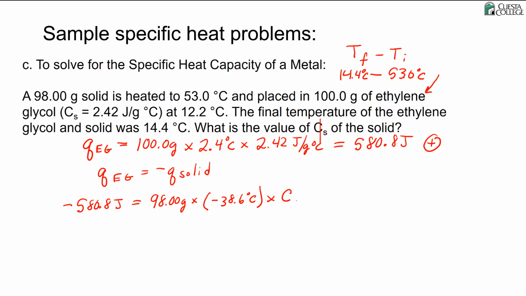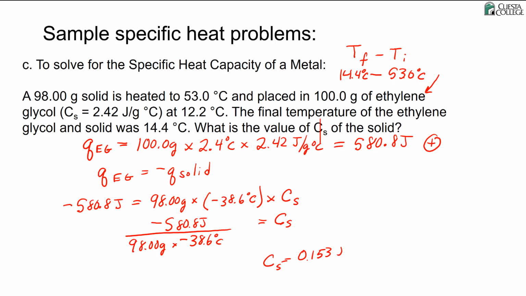And we don't know the specific heat capacity of the substance, but we can calculate it. The C S is going to equal the negative 580.8 joules divided by the mass divided by the delta T, and the specific heat capacity therefore is a positive number and is equal to 0.153 joules per gram degree Celsius if we follow the units.